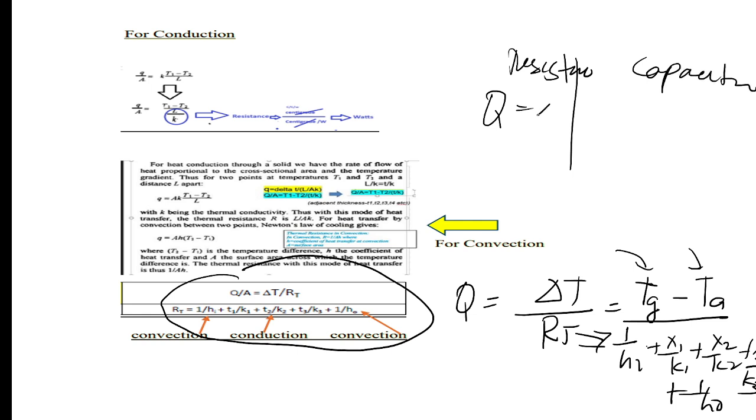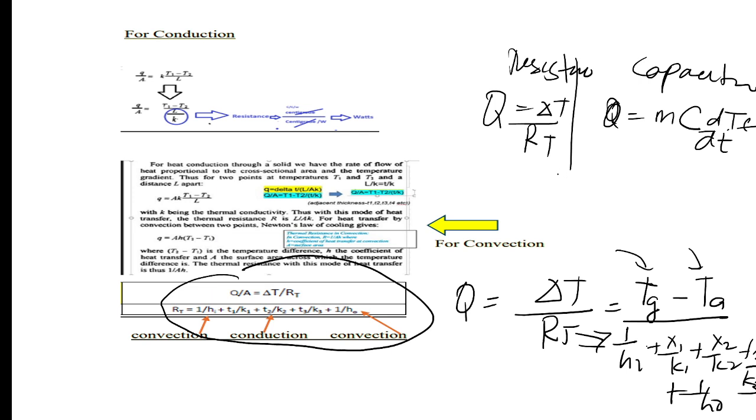So here is delta T over R total, and this Q is MC d over dt of the temperature of the furnace.